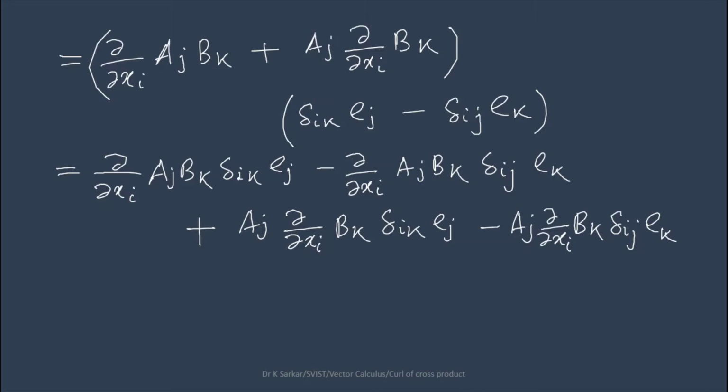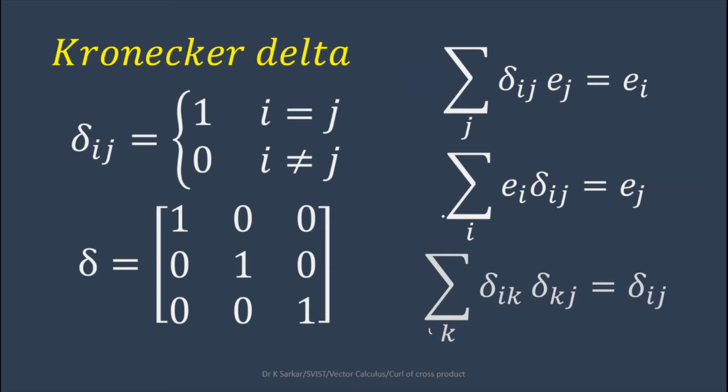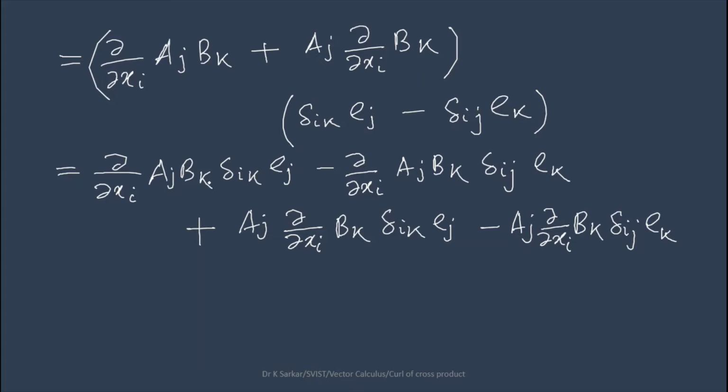Now here we see delta ik Bk. So we can write these together as Bi. Let me show you. Here you see delta ij ej is ei. This j will be out and this i will be there. So similarly delta ik Bk is Bi.